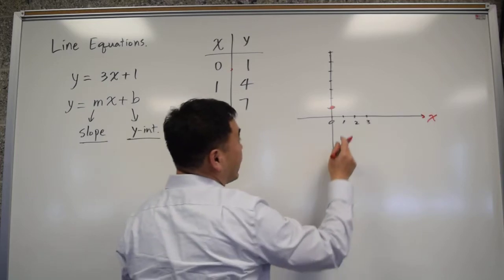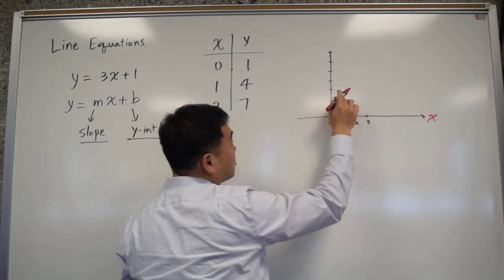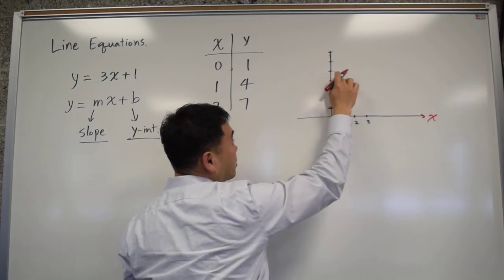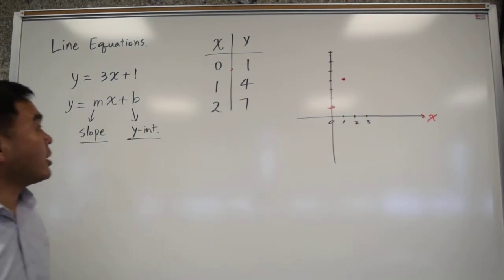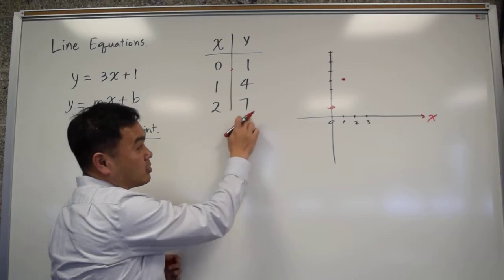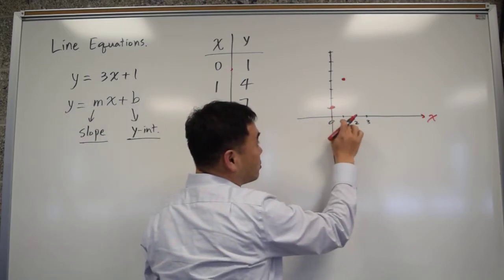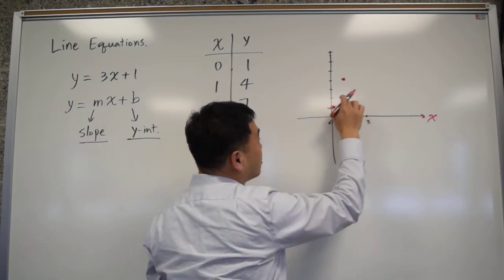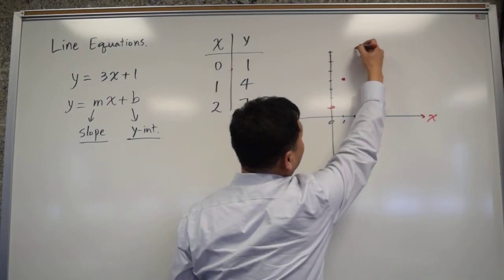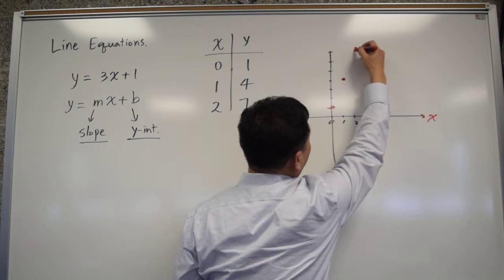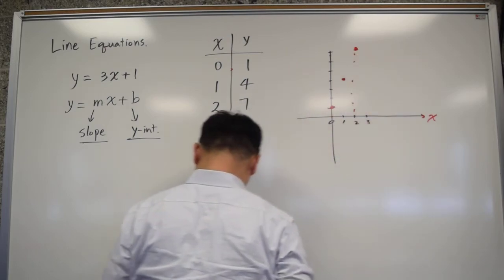And then when x is 1, y will be 1, 2, 3, 4 here. You plot that, okay? And then when x is 2, y is 7. So you go to 0, 1, 2, and then you go 1, 2, 3, 4, 5, 6, 7 over there. So that's the point, over 2. Okay.